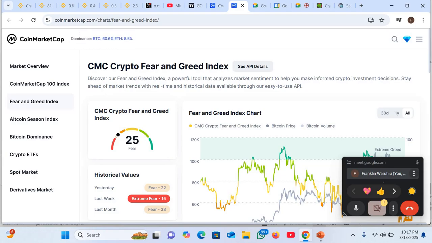We are likely to see more money inflows simply because people are more greedy. People want to make money from the market. So we are likely to see more money inflows in the market. And when there is a lot of market uncertainty, there is usually a lot of fear.